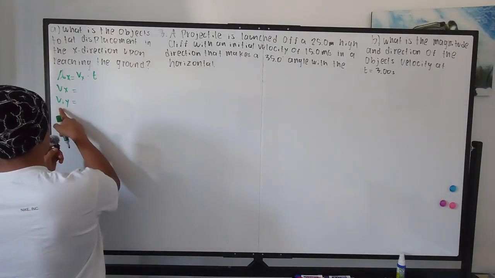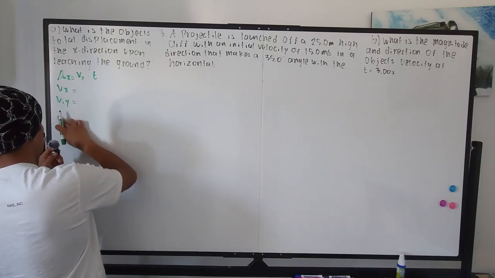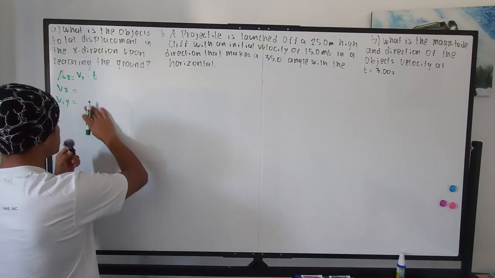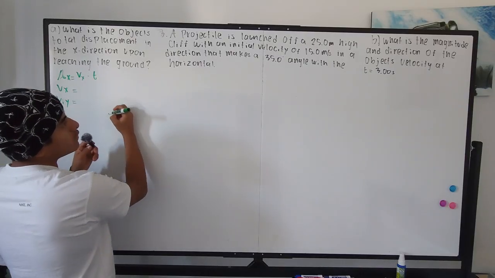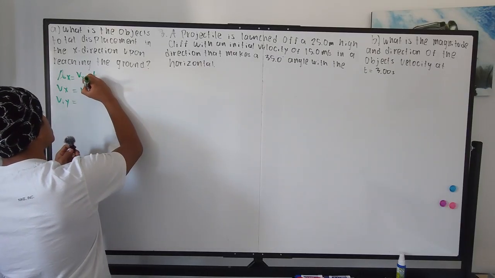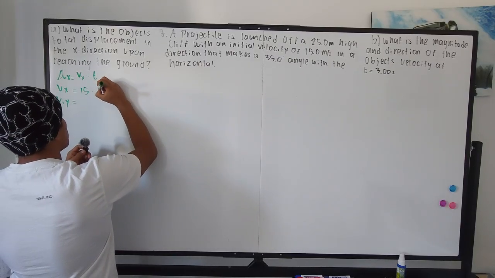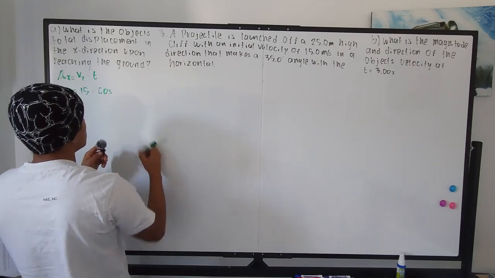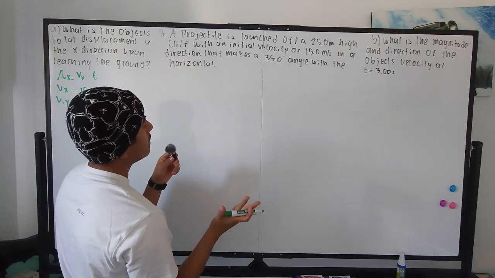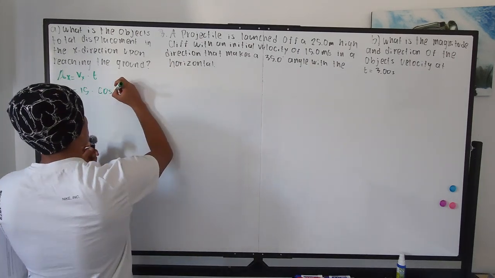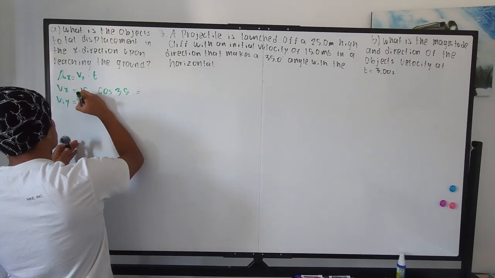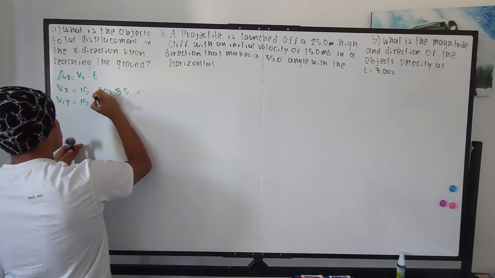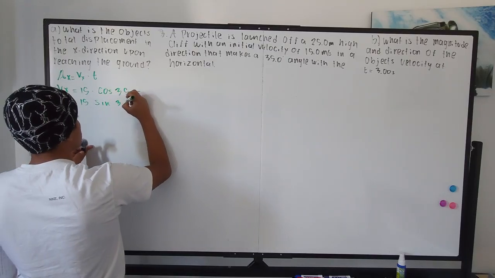The y will have an initial and a final, which means that the velocity will change throughout. So to get the velocity in the x direction, we're going to do the velocity, which is 15, multiplied by the cosine of the angle that they gave us, which is 35, equal to something. And then for the y, it's going to be 15 times the sine of that angle.